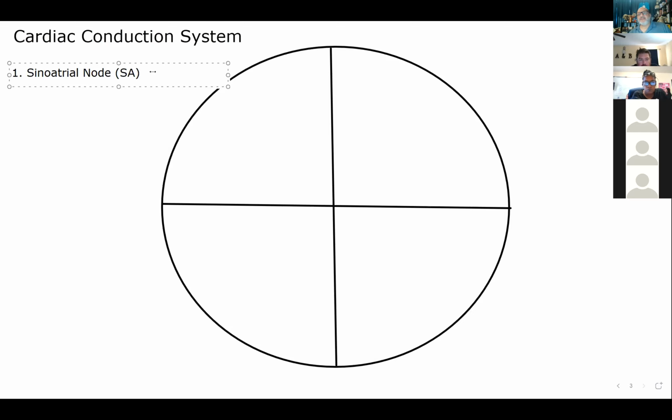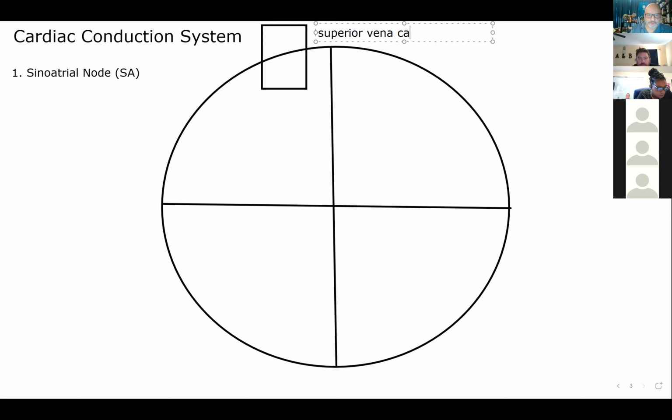It is basically found inside of the right atrium, kind of in the armpit of the superior vena cava. Where the superior vena cava enters into the heart, kind of in the armpit of that right there, is where you find the sinoatrial node.